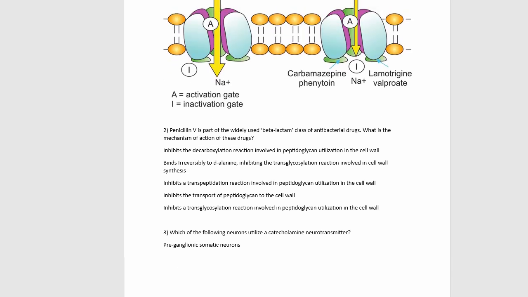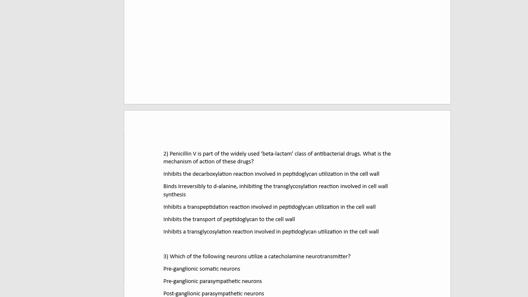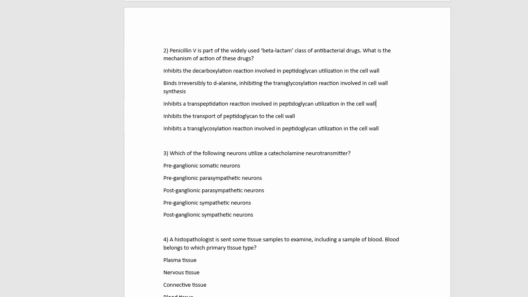Okay. In fact, I think probably just to visualize this, let's do this on a second page, shall we? Okay. Right. Penicillin V is part of the widely used beta-lactam class of antibacterial drugs. What is the mechanism of action of these drugs? Does it inhibit the decarboxylation reaction involved in peptidoglycan utilization in the cell wall?